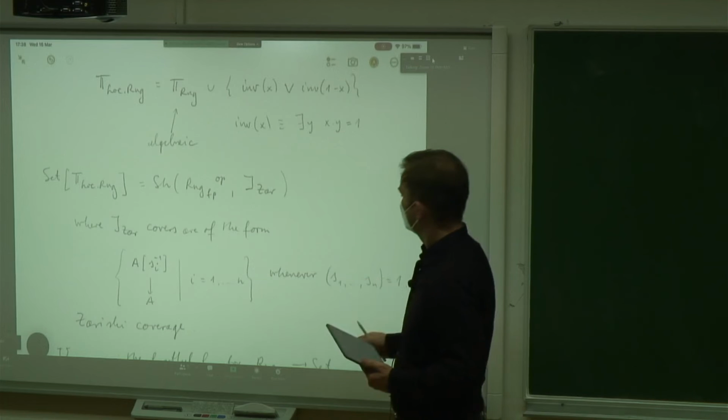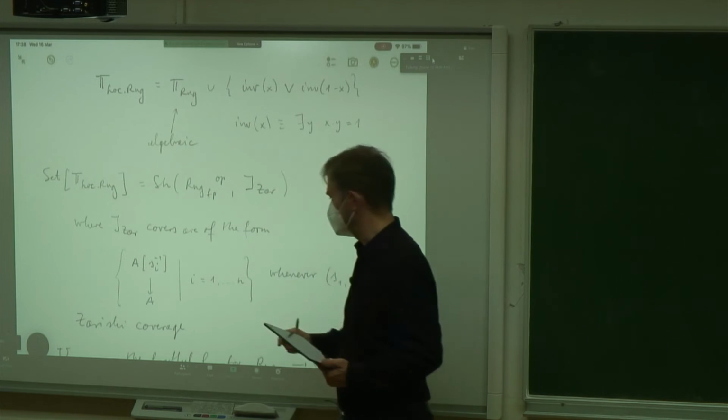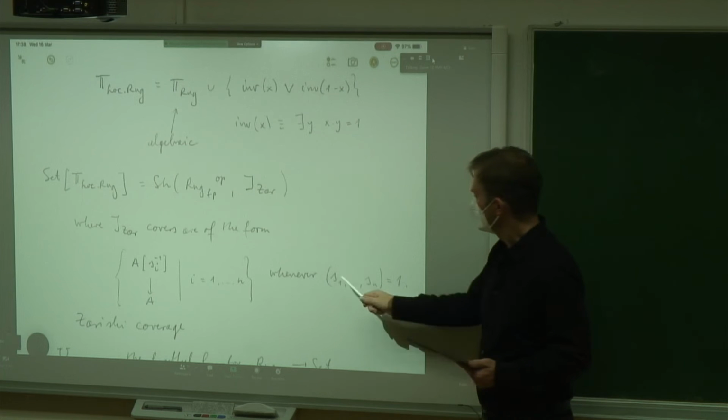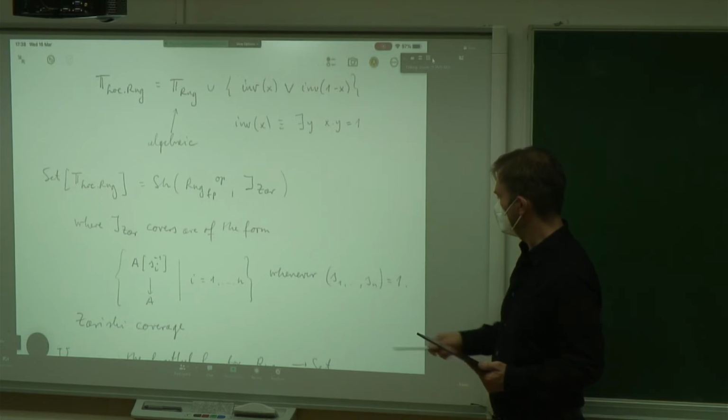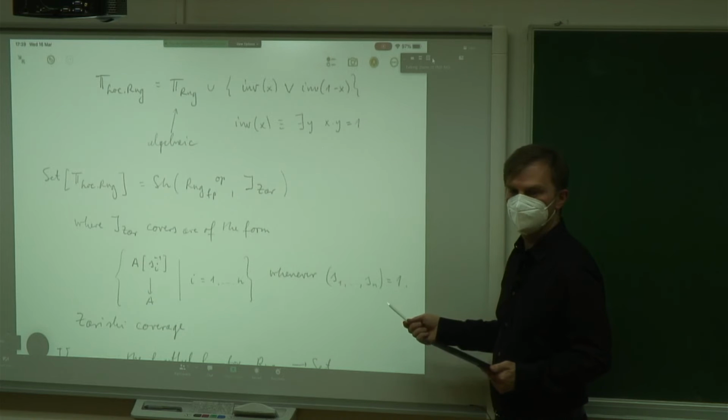So such a collection is a Zariski cover whenever the ideal generated by S_1 up to S_n is the unit ideal.